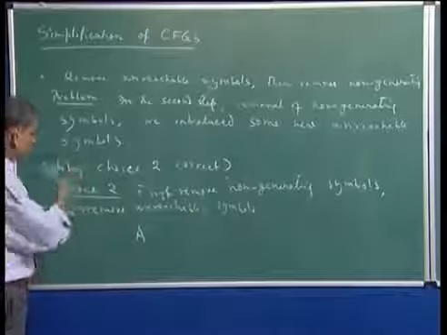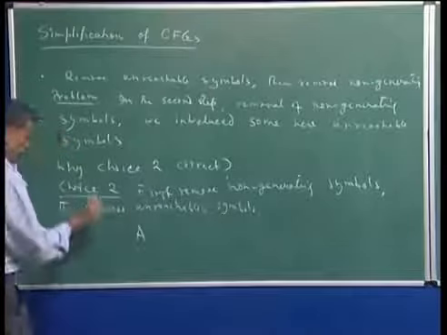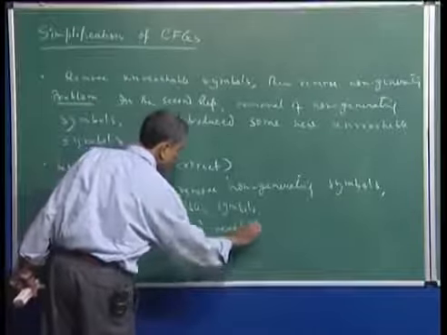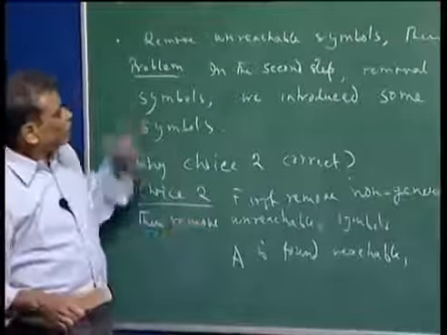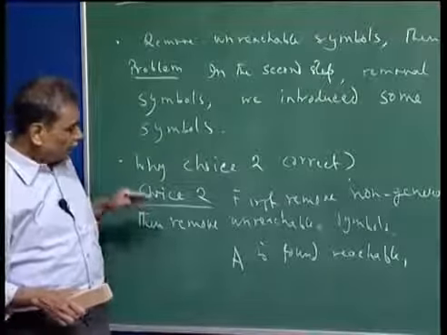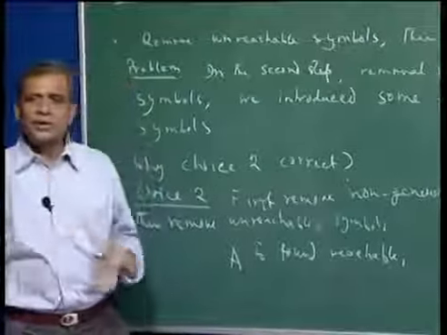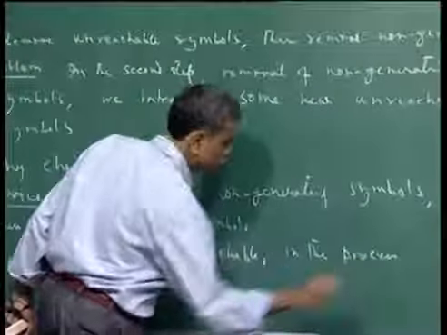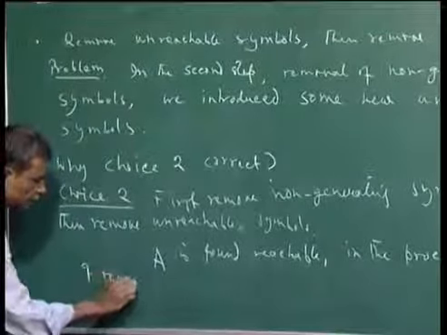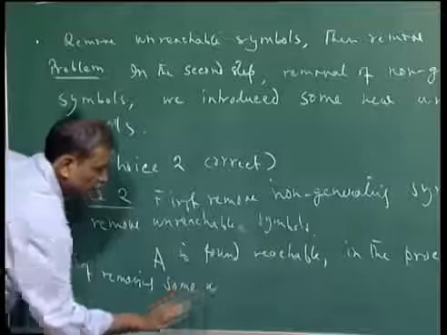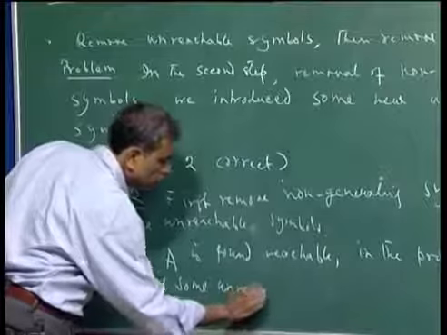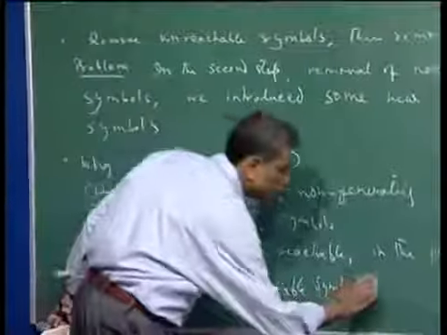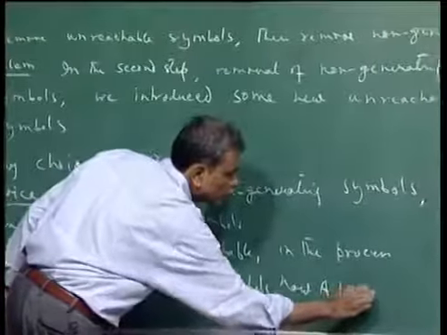So, is it clear? The situation where choice 2 will be bad is that A is found reachable, and A was generating before, that is why you came to the second phase when you found A is reachable, but in the process of removing some unreachable symbols, now A became non-generating.